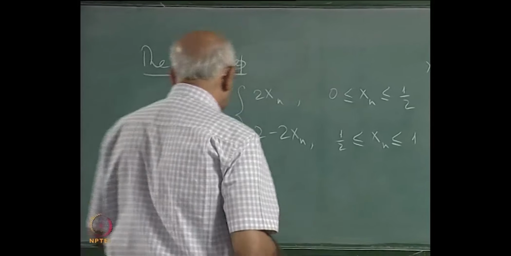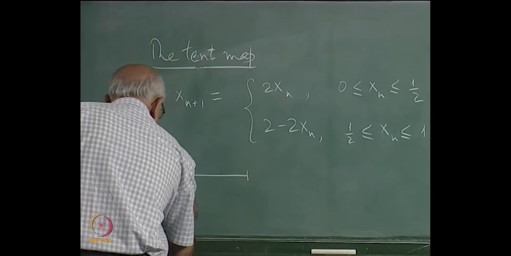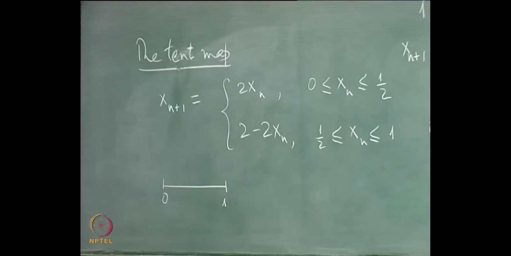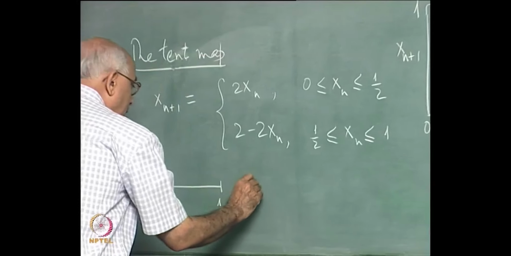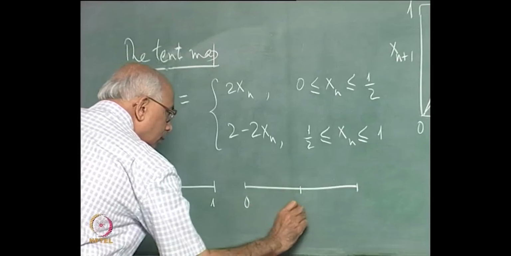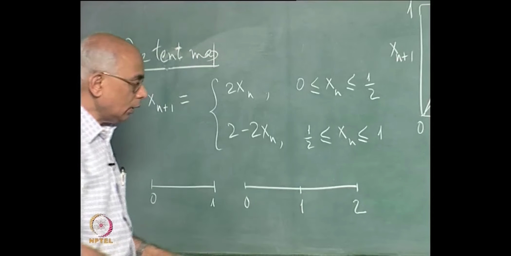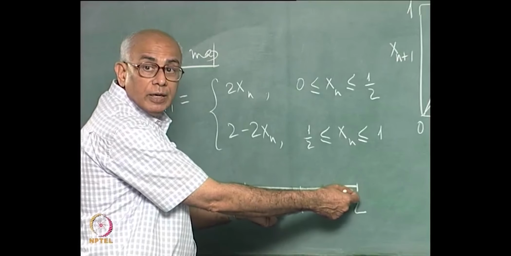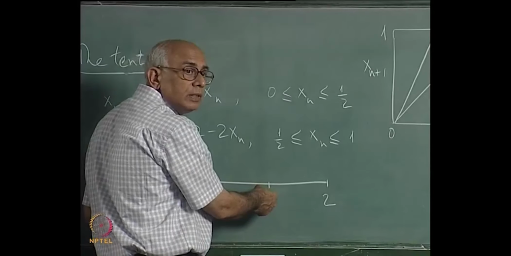In physical terms, in the Bernoulli shift what we did was to take the unit interval 0 to 1 and stretch it by a factor of 2, so it really got doubled when you did 2x_n, going from 0 to 2. What did the Bernoulli shift amount to? It amounted to taking this part of it, cutting it if you like, and putting it right back on top of this.